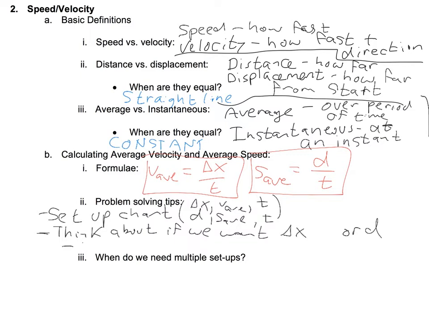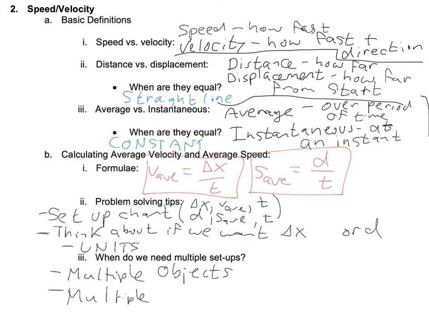And lastly, we do want to be careful with our units. All right. Last question here, when do we need multiple setups? This is going to come into play if we have multiple objects. So maybe we have two objects traveling at different constant speeds, or maybe we have multiple parts.